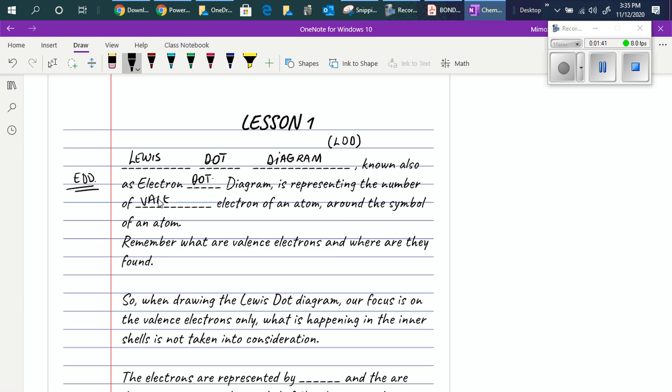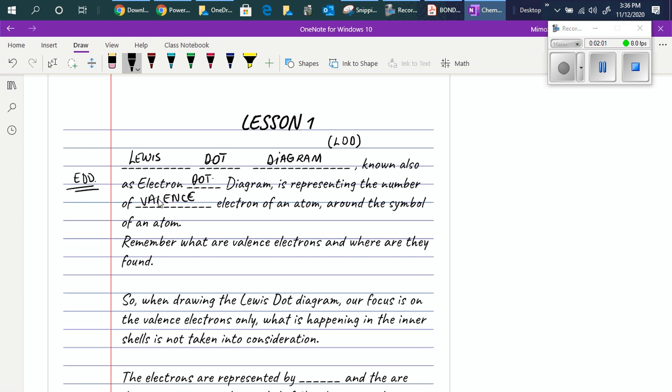So we just worry about the electrons in the outer shell. Valence electrons are found on the outer shell of the element.